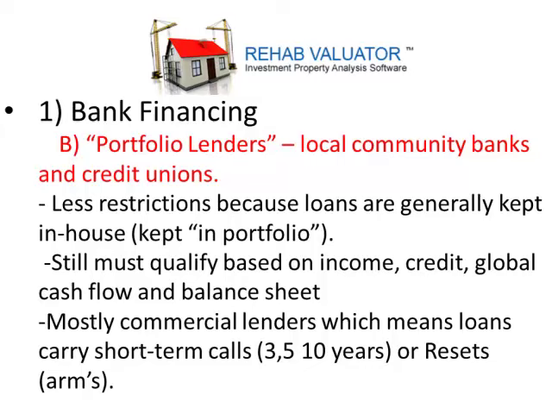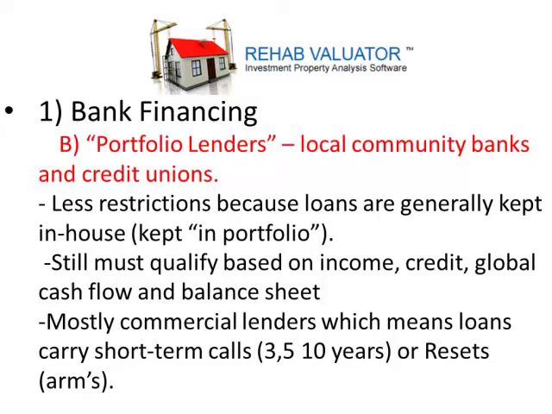Now, these are really classified as commercial lenders. So you're not going to get a 30-year fixed rate, low interest rate mortgage from these guys. They're smarter than Fannie Mae or Freddie Mac. That's why a lot of them are still in business and doing well. They don't want long-term fixed rate interest rate exposure.